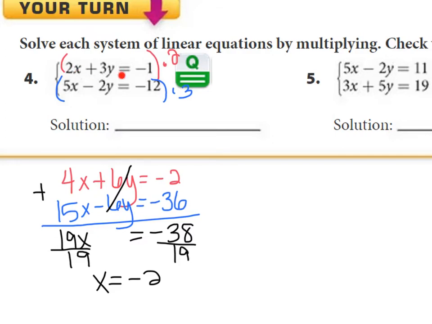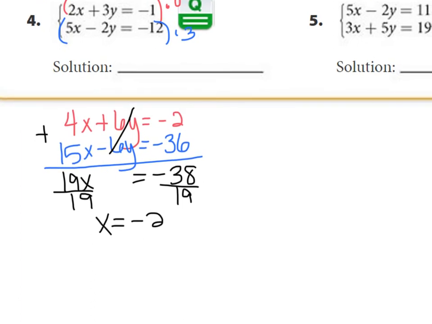So I look at both equations to figure out which one would be easier, and I'm going to choose the top one because there's more positives. So I'm going to go 2x, but x is negative 2, plus 3y equals negative 1. 2 times negative 2 is negative 4.